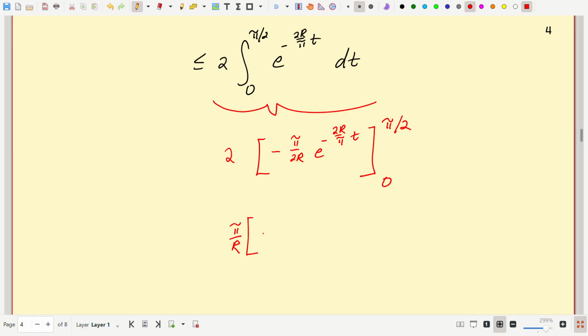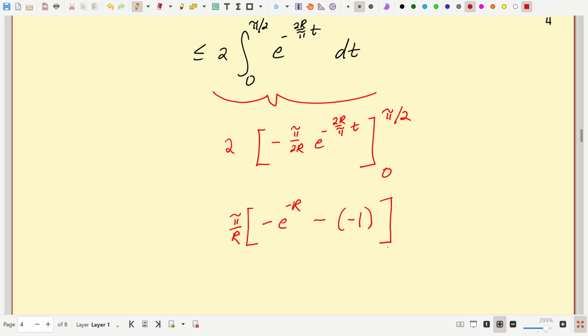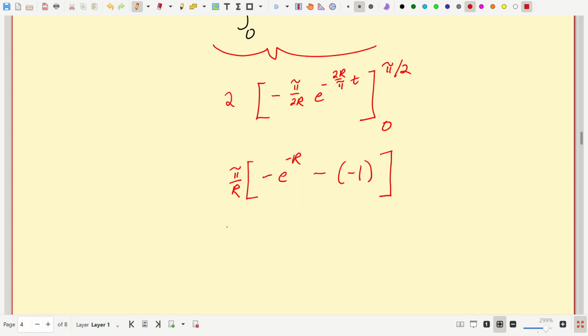And then I get minus e to the minus r plus 1. Minus minus 1. Maybe I should write it like that. Minus a minus 1 when I write it out. And so, exciting news. This is pi over r times 1 minus e to the minus r.